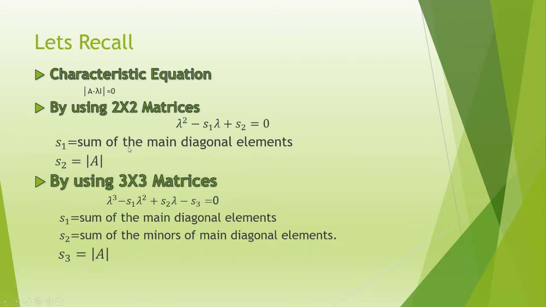S1 is nothing but the sum of the main diagonal elements and S2 is determinant A. For 3 by 3 matrices, we have lambda cube minus S1 lambda square plus S2 lambda minus S3 is equal to 0. S1 is the sum of the main diagonal elements, S2 is the sum of the minors of the main diagonal elements, and S3 is determinant A. So from the characteristic equation only we are finding the eigenvalues.